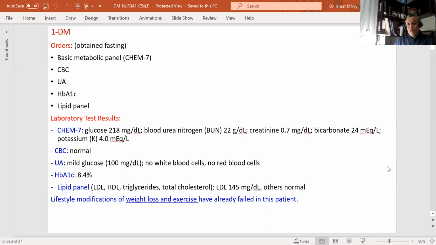So the lipid profile, which includes the LDL, the HDL, and the triglycerides and the total cholesterol, all that will be included under the lipid profile or panel. So the BMP-7 came back, and these are the results from BMP-7.